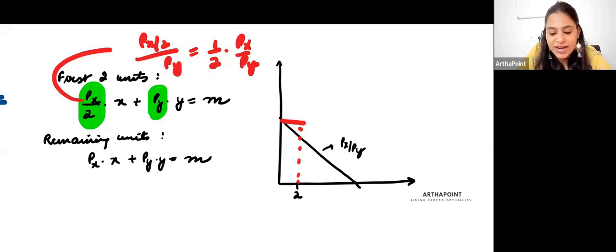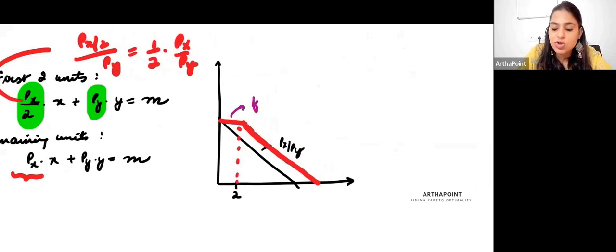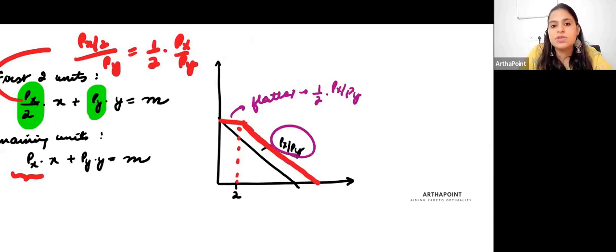And after that, I am getting at the same price, no offer. So slope would be the same as the original budget line. So this red line will be the budget line when you are given this offer. Here, it is going to be flatter. The slope is half Px by Py. Here, the slope is Px by Py.